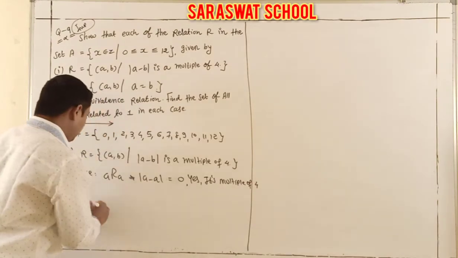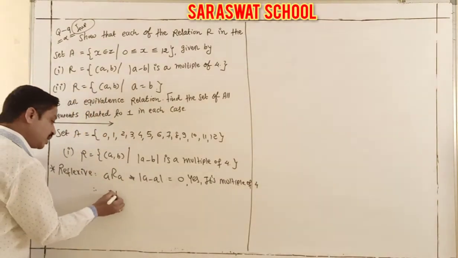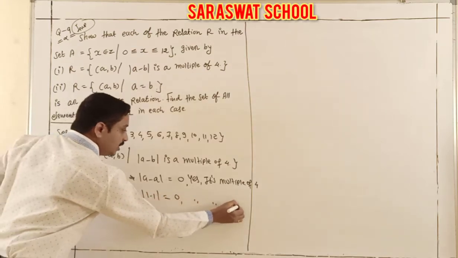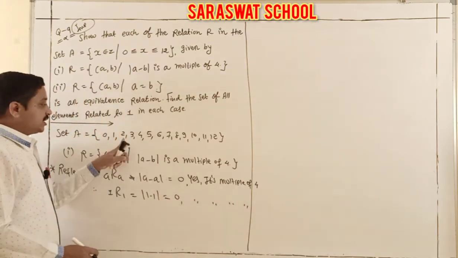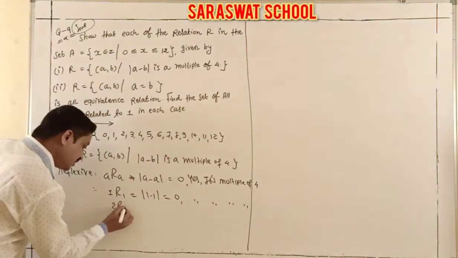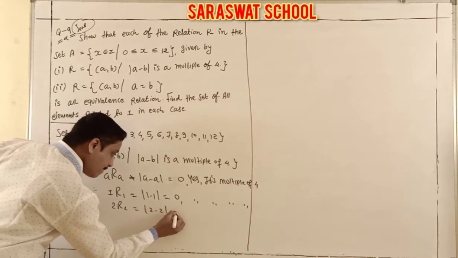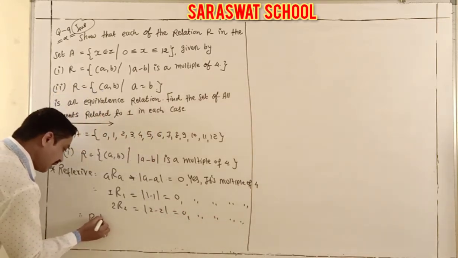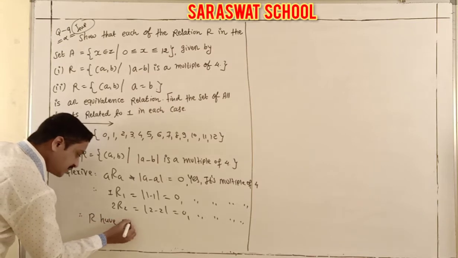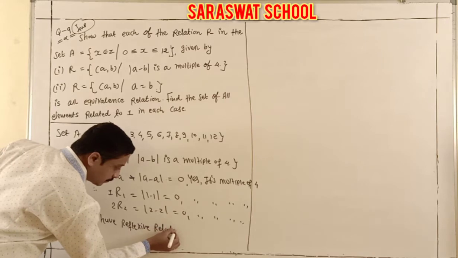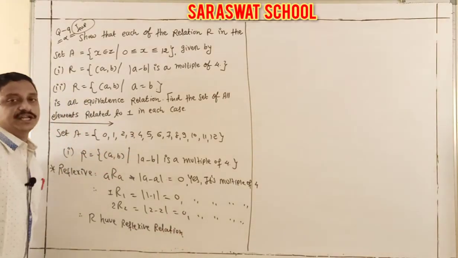In general, you take 1 related to 1, yes, a multiple of 4. Either you take 2, 3, 4, 5, any. So I just explained it. Yes, it is a multiple of 4. Finally, R has the reflexive relation. Yes, students, our first part is done.